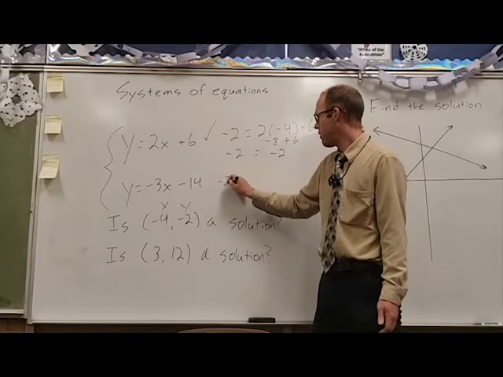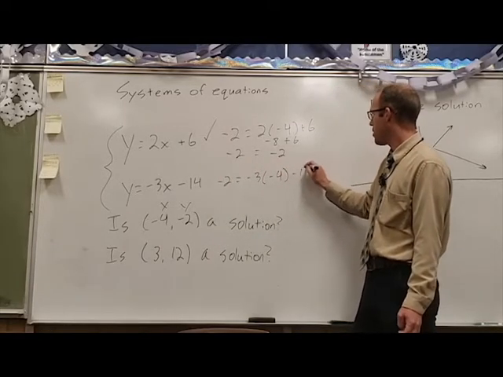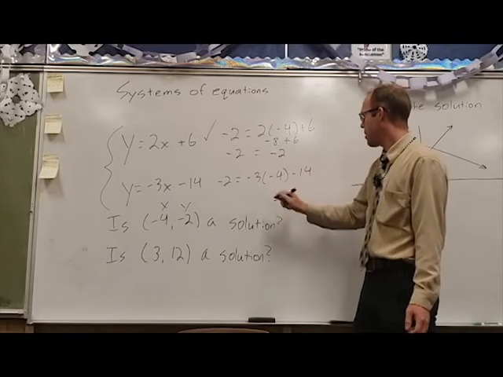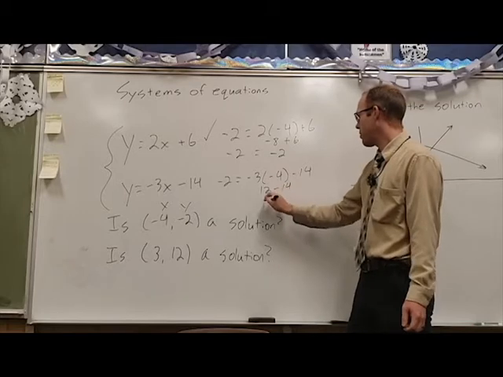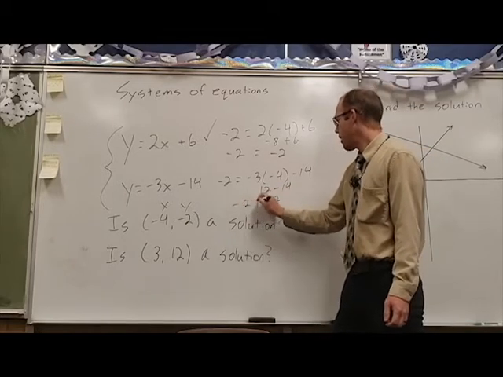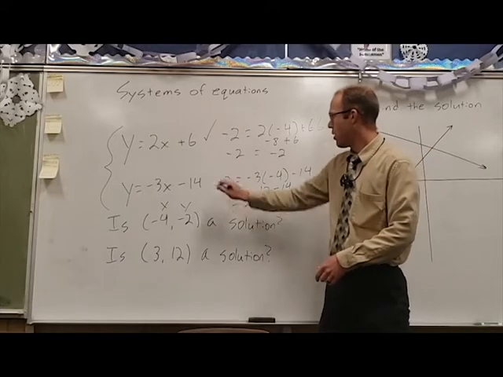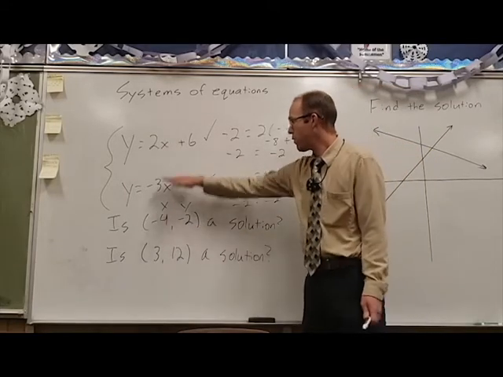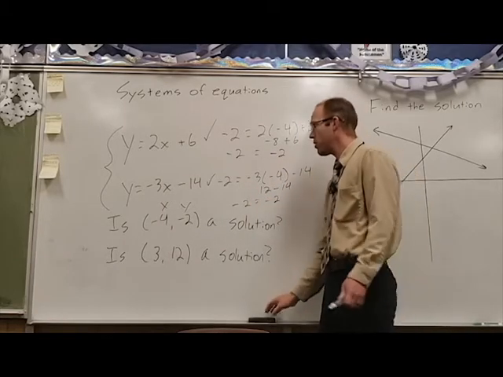So that would give us -2 equals -3 times -4 minus 14. -3 times -4 is positive 12. And 12 minus 14 ends up being -2. So we have, again, -2 equals -2. And it works for this equation. So this is a solution for both of these, which means, yes, it is a solution for our entire system.